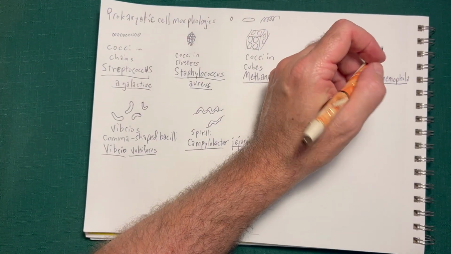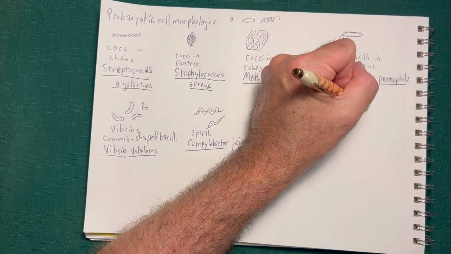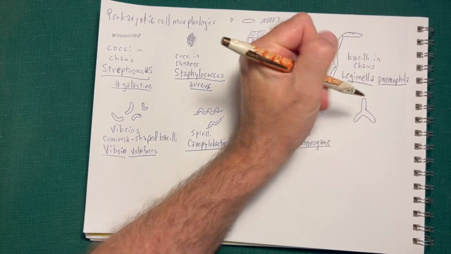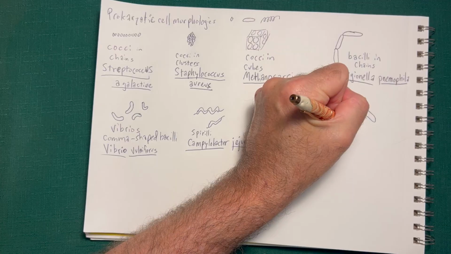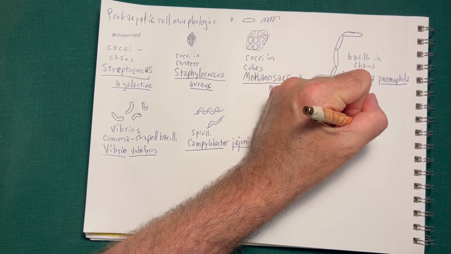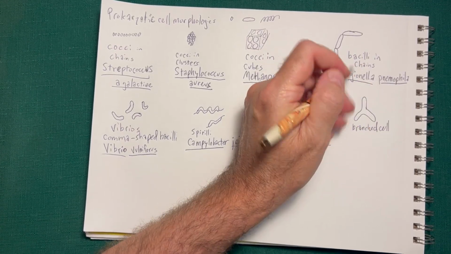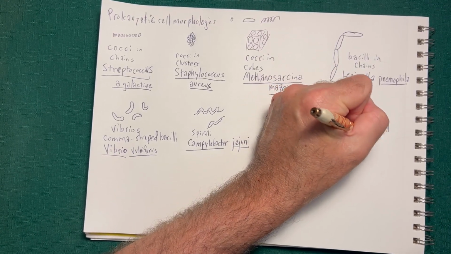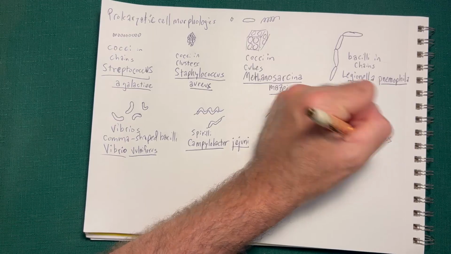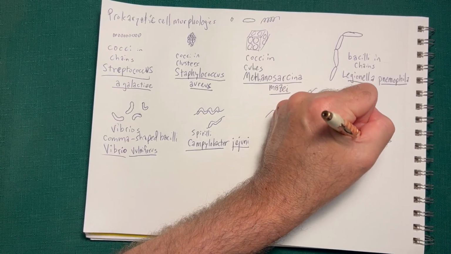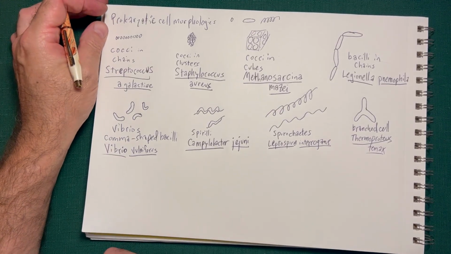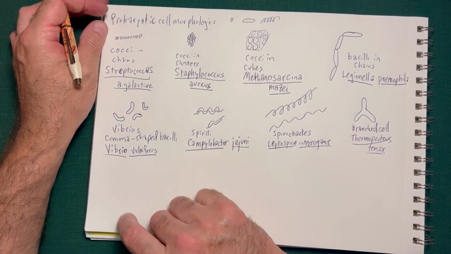Another thing we can see is we can find examples of cells that are branched. For example, Thermoproteus tenax is a species that can produce these branched cells.